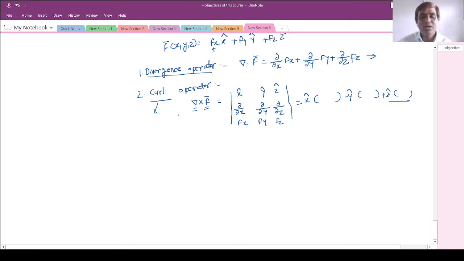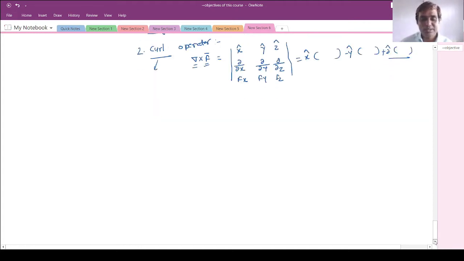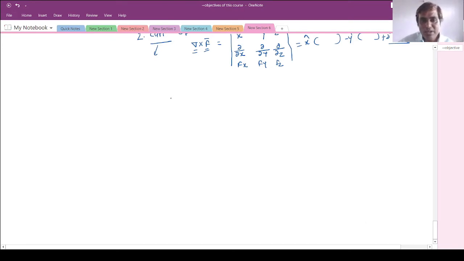Now the question is, because we are studying electrical and magnetic fields, what kind of field gives the divergence and what kind of field gives the curl. For example, suppose I have some field, and in that field let me represent the quantities with vectors. Suppose these are vectors of the same magnitude.